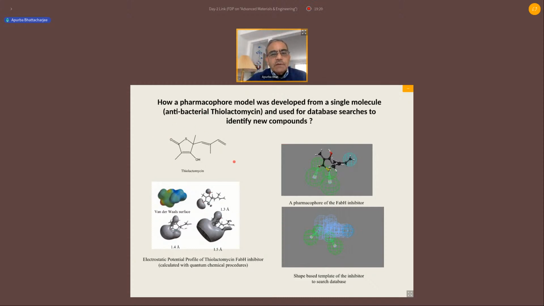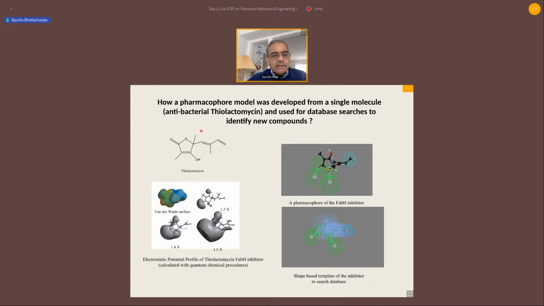This was the only known compound against FABH. FABH is a fatty acid biosynthetic enzyme, which is very useful to target for malaria disease. So we are trying to find new classes of compounds because this was not that good, neither in inhibition nor as an active antimalarial.